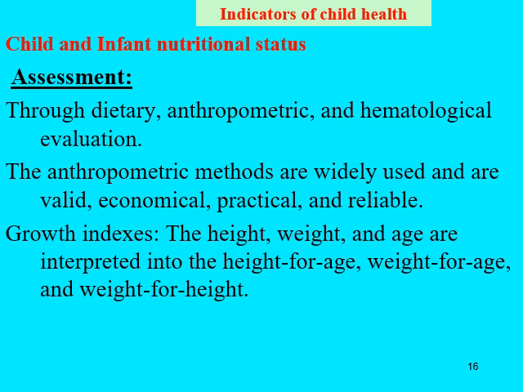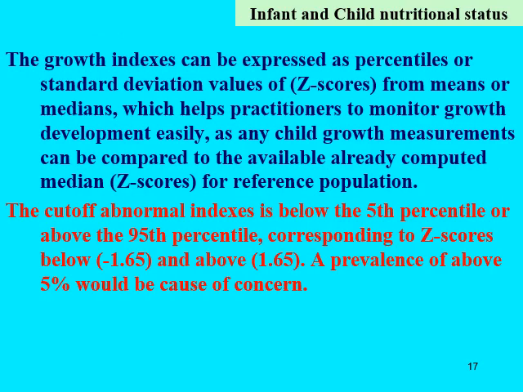Growth indices, height, weight, and age, are interpreted into height for age, weight for age, and weight for height. For example, we use the Z-score to make a universal assessment for all children in the world.